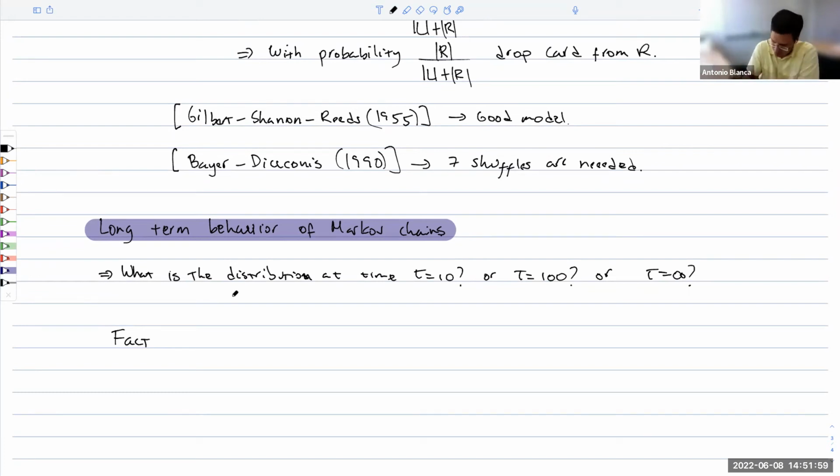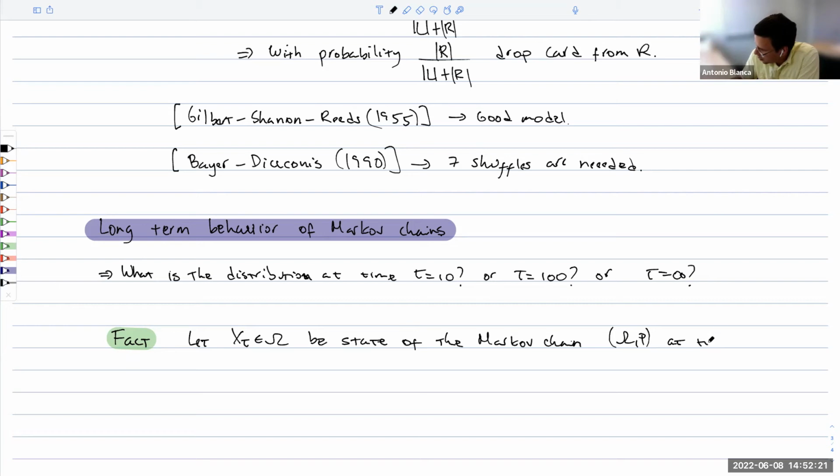If we let X_t be the state of the Markov chain, let's say on Omega, at time t, then X_t is a random variable, but we know the probability that X_t is equal to x, given that X_0 is y.